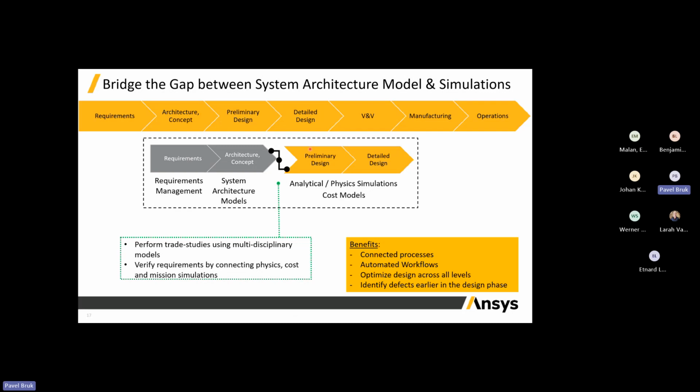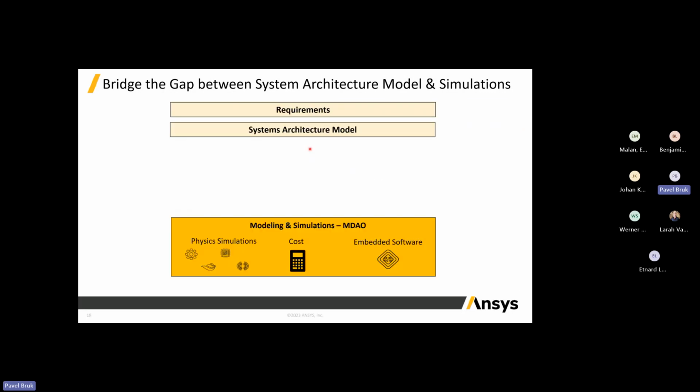For that, you need to connect the system architecture model together with the requirements you already have, with the modeling and simulations, and also do multidisciplinary analysis, optimization, trade studies, and so on.